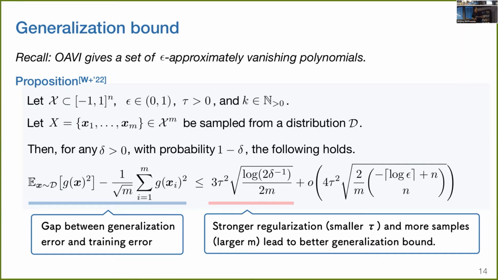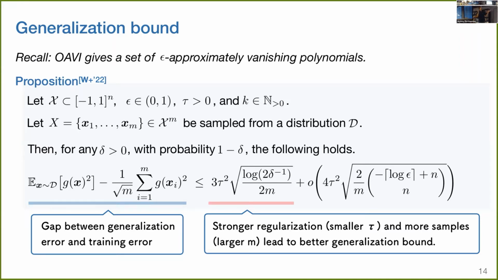What this inequality means is that on the left-hand side, this is the gap between the expected extent of vanishing, and on the right, you have the empirical extent of vanishing. In other words, this is the gap between test error and training error.